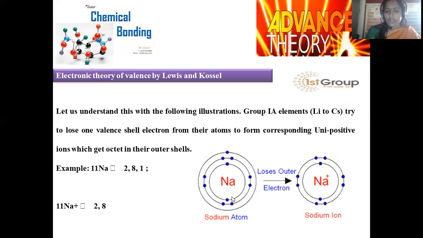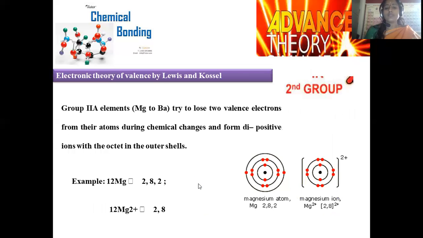You can clearly observe the configuration will be 1s², 2s², 2p⁶, 3s¹. This is for sodium. I am taking the simplest example, sodium, where the outermost shell has only one electron. That is why it has a strong tendency to lose it, and the ns²np⁶ octet configuration will be achieved by converting into a unipositive ion in accordance with the octet rule.